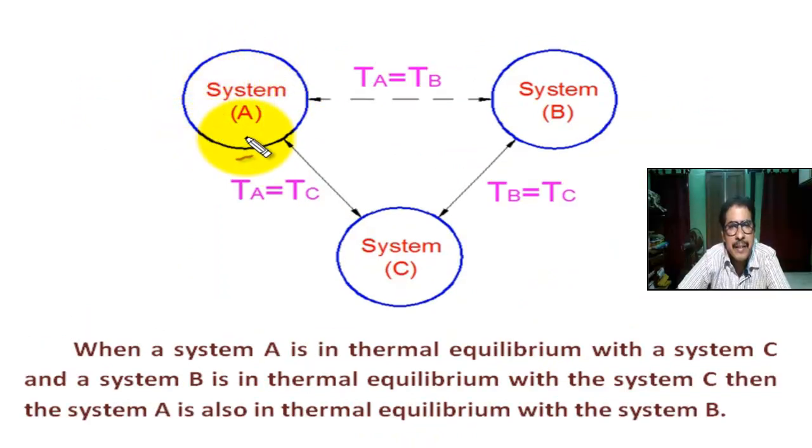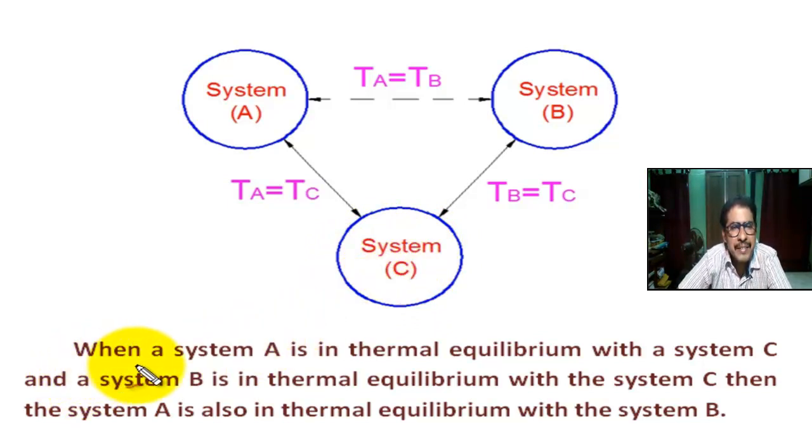this is system A of temperature TA. This is system B of temperature TB. This is system C of temperature TC.